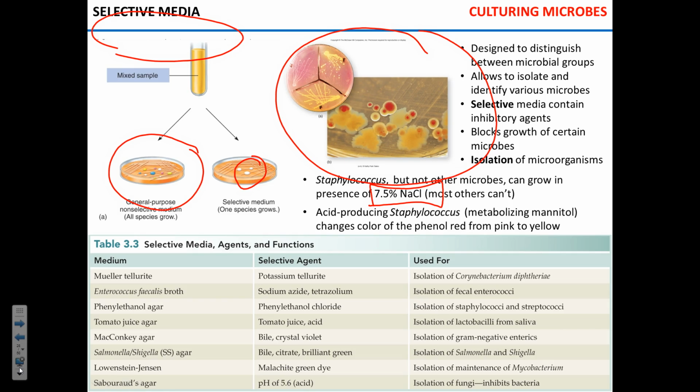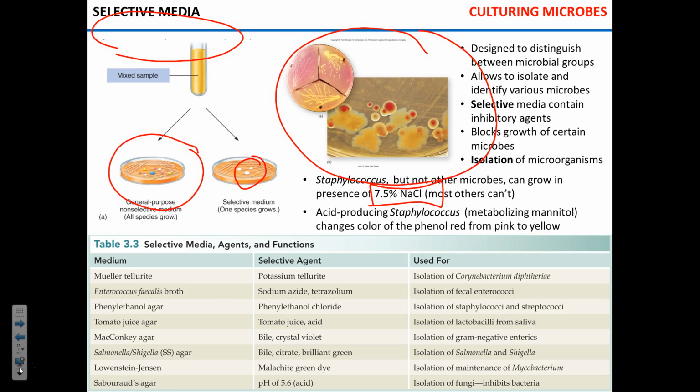Is that a lot? Imagine that you put 1 tablespoon of salt per cup. Is that salty? It is very salty. You won't be able to drink it. You will have trouble dissolving it. It's not easy to dissolve. So most microbes cannot survive on that high concentration of salt.